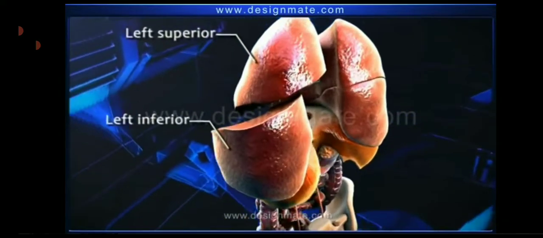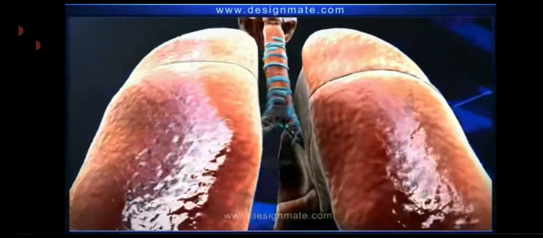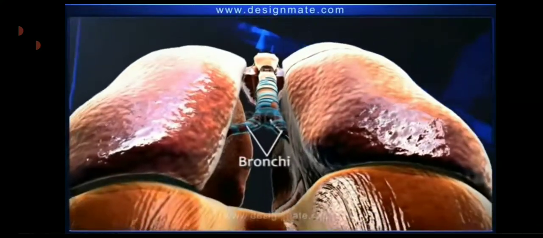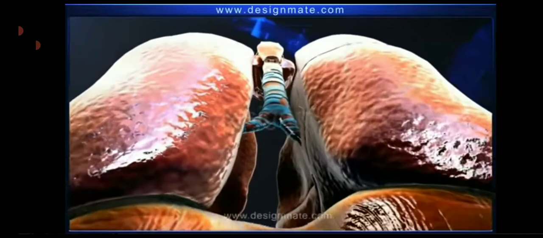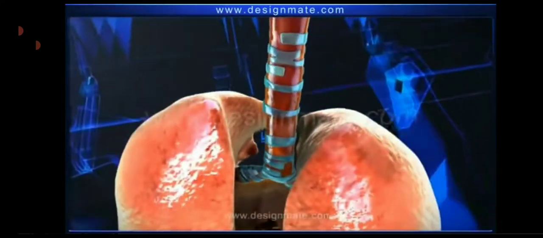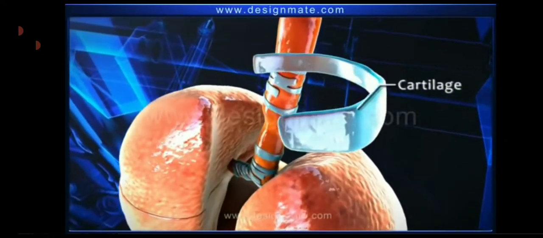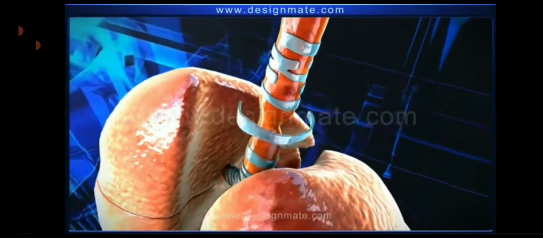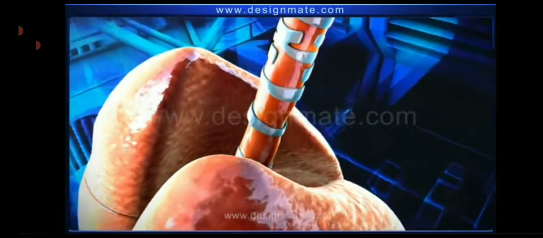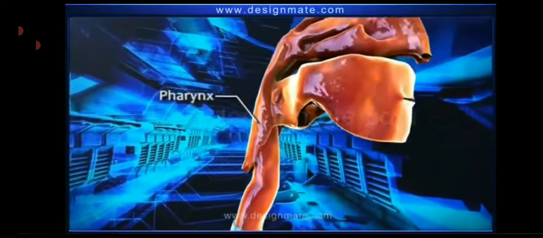Both lungs are associated externally with small tubular bronchi, which unite and extend into the trachea. The trachea has incomplete C-shaped rings of cartilage, which prevent the tracheal wall from collapsing. The trachea leads into the pharynx, which is connected to the nostrils.